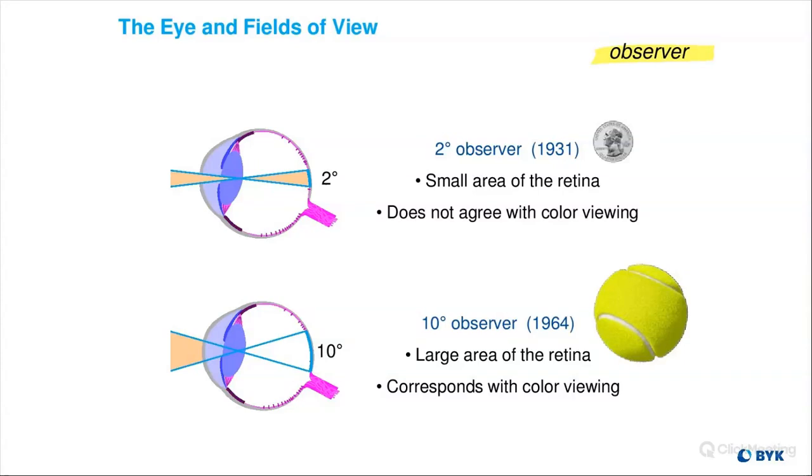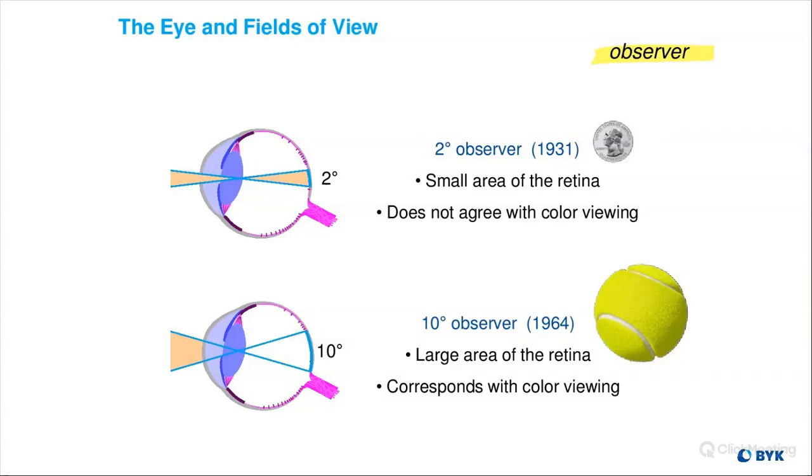Today, the 2-degree observer is still used in things like the printing industry and the ink industry, usually for measuring smaller samples. The reason is that when you're looking at something small, as an example the size of a quarter, it's using the 2-degree observer angle in the back of your eye, versus if you looked at something larger like a tennis ball, it's going to use a larger section of your eye.